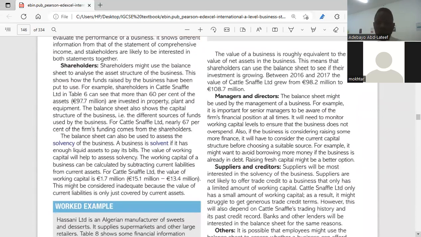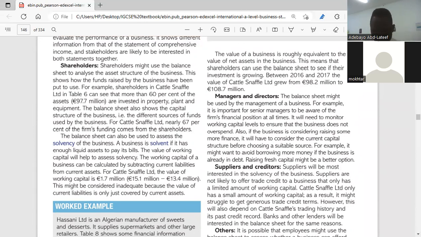Are they owing more, or are they owing less? What do they have in terms of cash? What do they have in terms of assets? What do they have in terms of liabilities that they have to pay? So the managers want to know how stable the business is. That's why they need the statement of financial position.